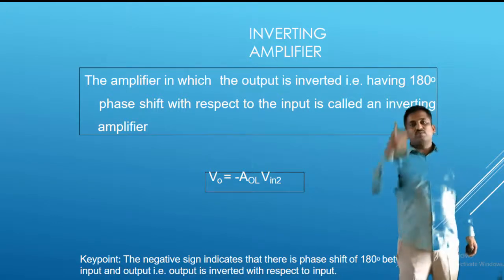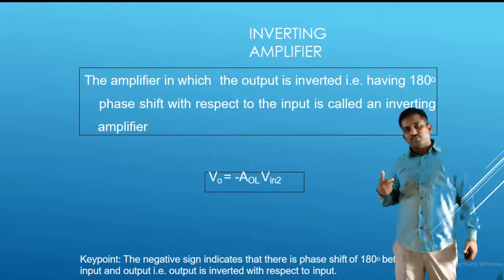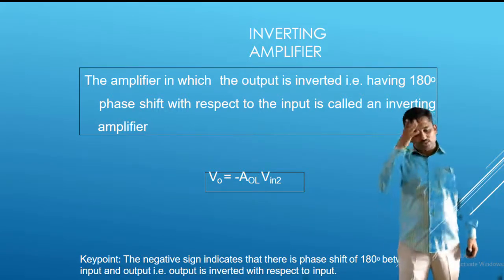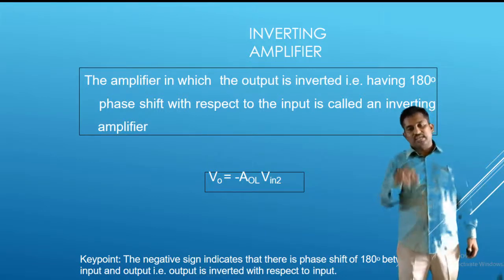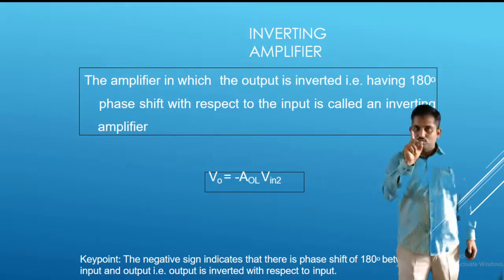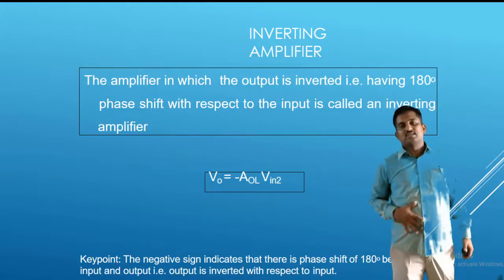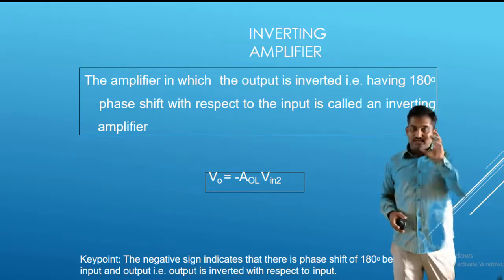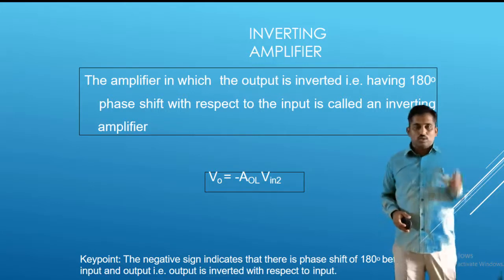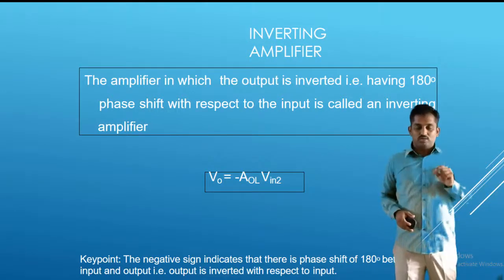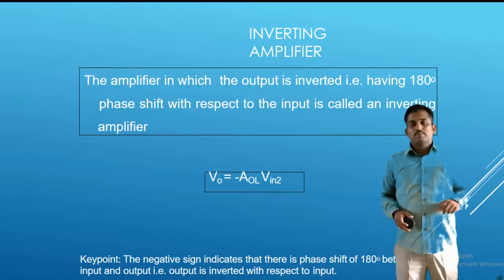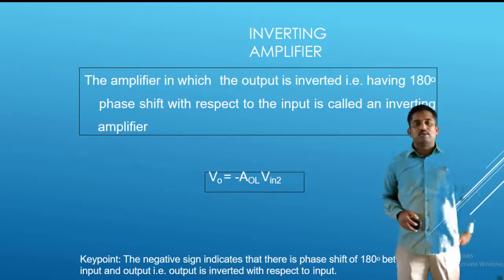So here V1 will be 0, and since we are applying the input at the inverting terminal, V2 is equal to Vin1. So V0 is equal to minus AOL into Vin1. When we are treating only one input, it is taken as Vin1. So obviously there will be a 180 degrees phase shift between the input and output. That negative symbol represents it.